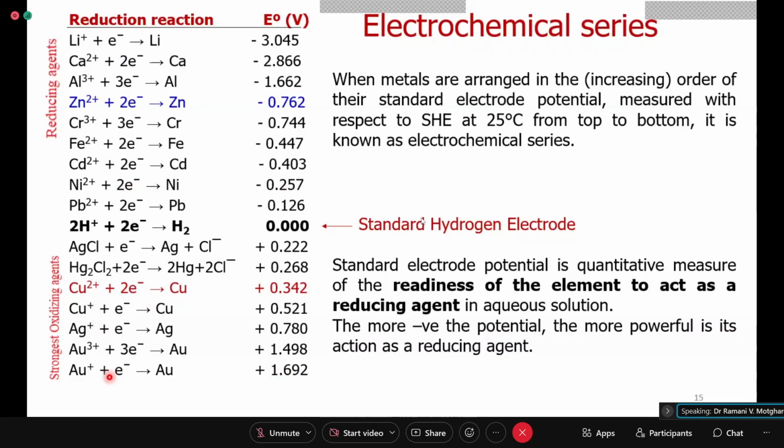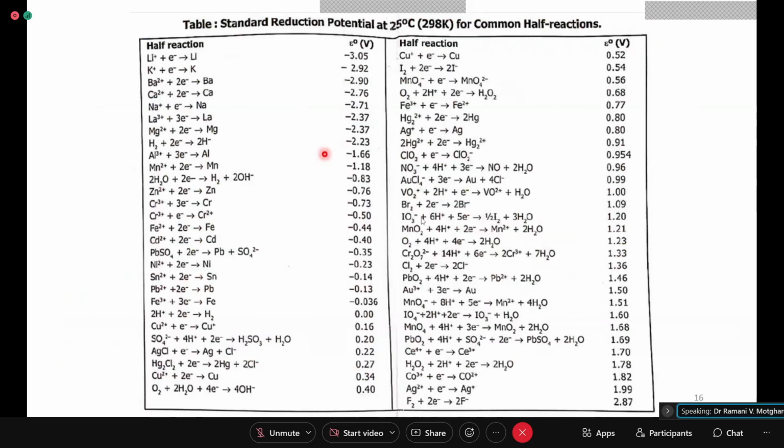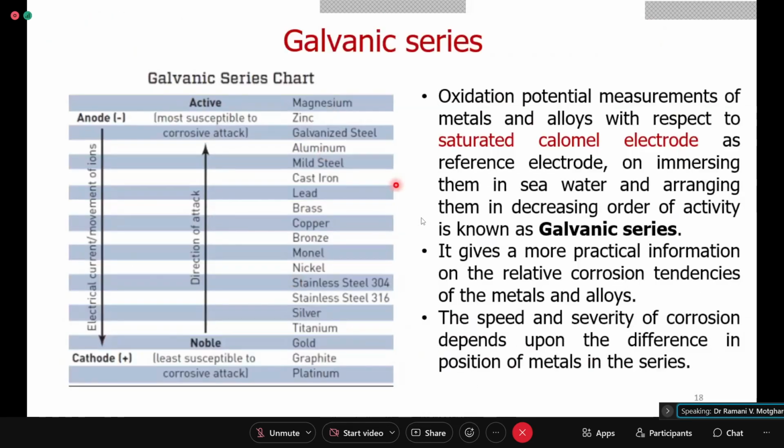No matter in which part of the world, what all metal you are using, you will get the same values. Now, the galvanic series is used more by metallurgy people, who are studying the corrosion characteristics and corrosion tendencies of various metals and alloys. So this is more useful to those working in a specific area.